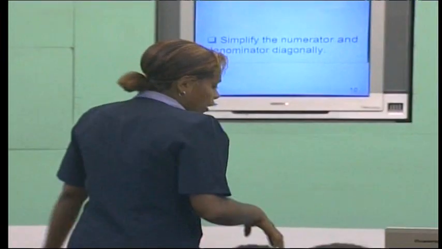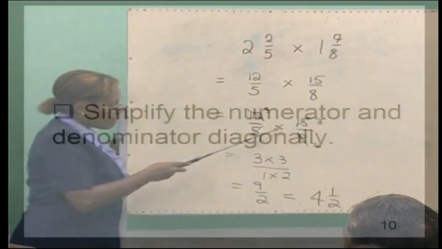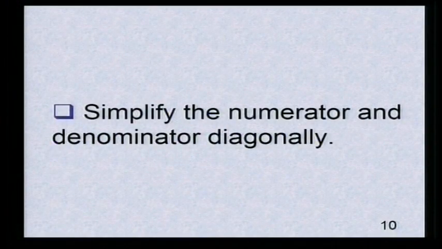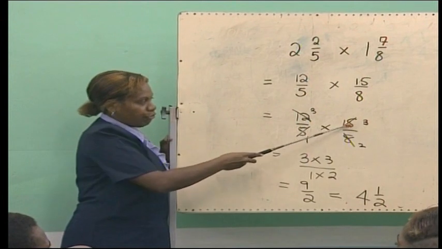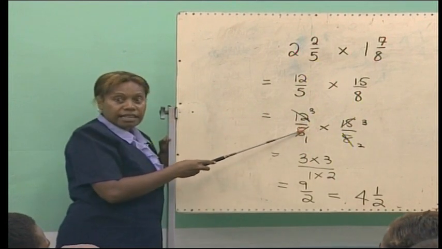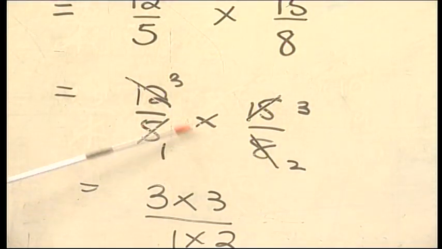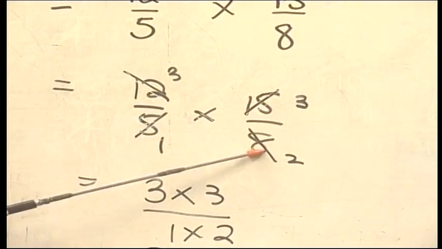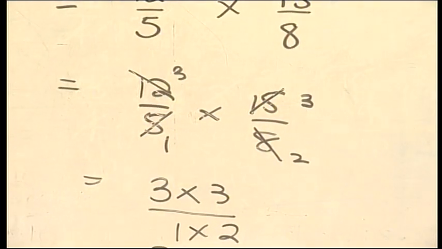You get a number that can divide evenly into this number and this number, and it's supposed to be diagonally both ways. So this way diagonally, this way too, diagonally. If you see a number that cannot divide evenly into both numbers, then you don't. But in this case, you can. 12 and 8, 5 and 15.